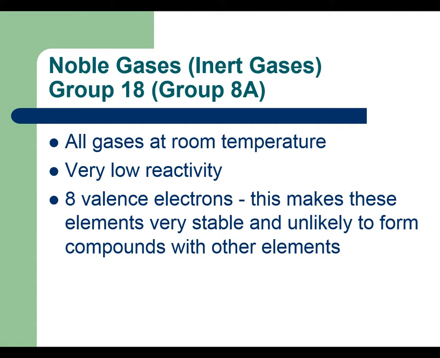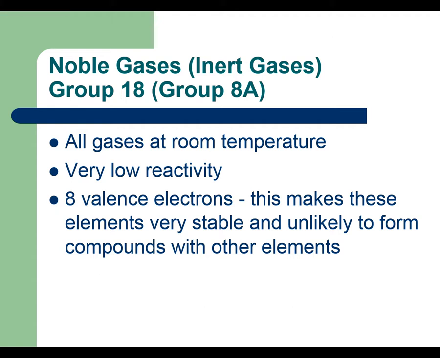Is there a 1p or a 1d? No. So the first energy level is full even though it only has 2 electrons. Does that make sense? And so that's why helium behaves the same way. Not so much because it has 8 valence electrons, but because its energy level is totally full. Does that make sense? So it's a low energy state even though it only has 2, just because it doesn't have much room to fill.